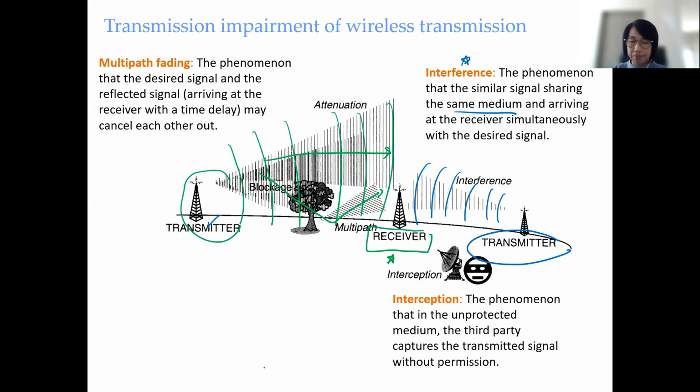Okay, but at the end, at the receiver side, it receives many signals, and we don't like it, but we cannot avoid it. Sometimes it happens. For example, in daily life, you may have experienced interference. When you have an active call with your friend, and then suddenly you can hear another person's voice.